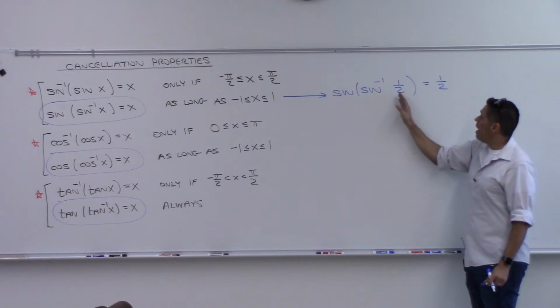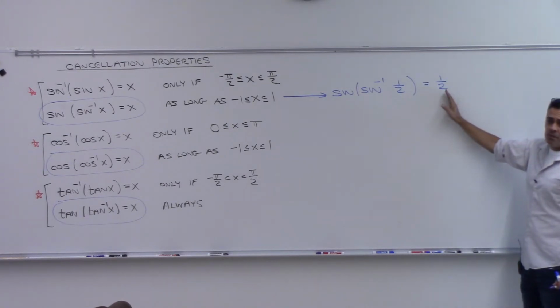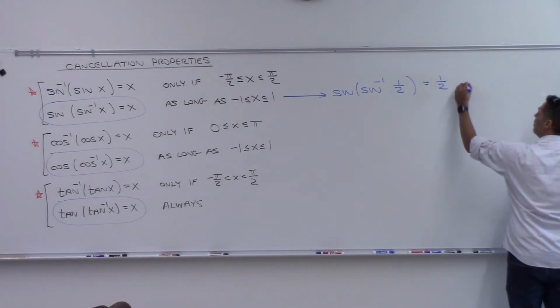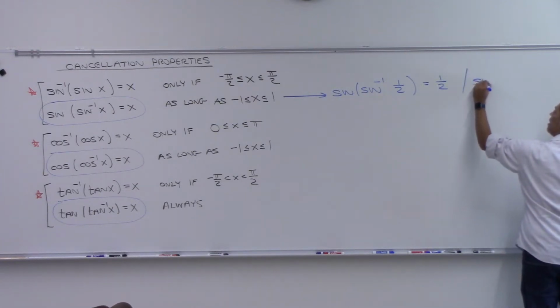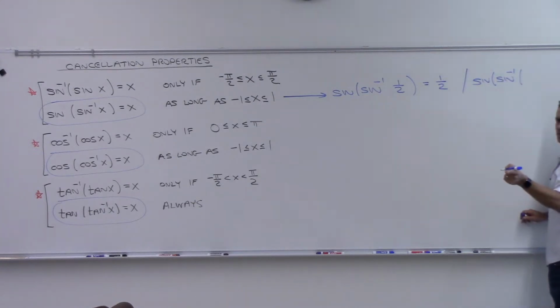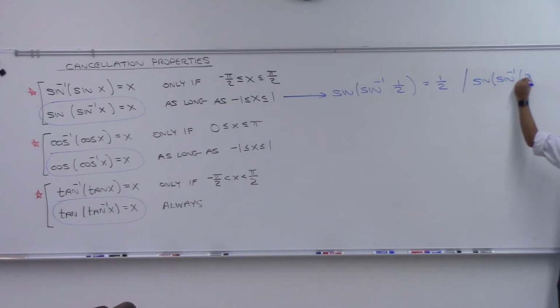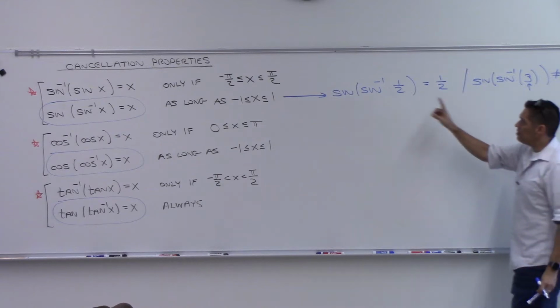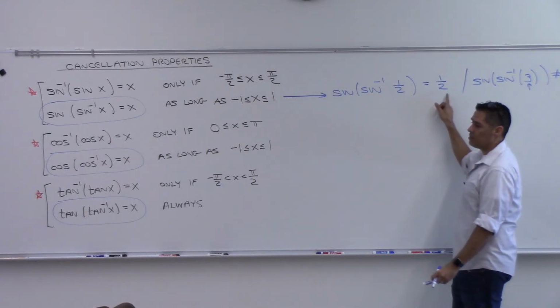So as long as I do that, the answer is going to be a half. The only time this would be an issue is if someone gave you sine of sine inverse of, say, 3. This would not be equal to 3, because 3 is outside the domain. But as long as this number is between -1 and 1, you can do this.